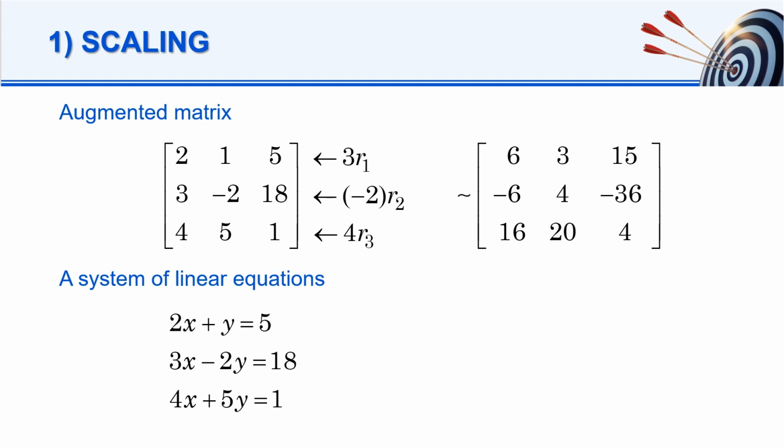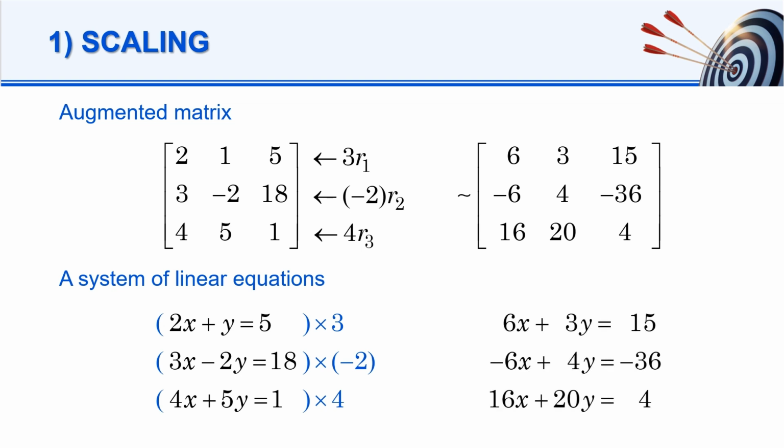Notice that, given with an equivalent symbol, the augmented matrix rows are modified accordingly. The scaling means that every equation of the system is multiplied with a scalar as shown in the equation form. The coefficients of the equations in the system are altered, but this process does not affect the solution of the system of equations.